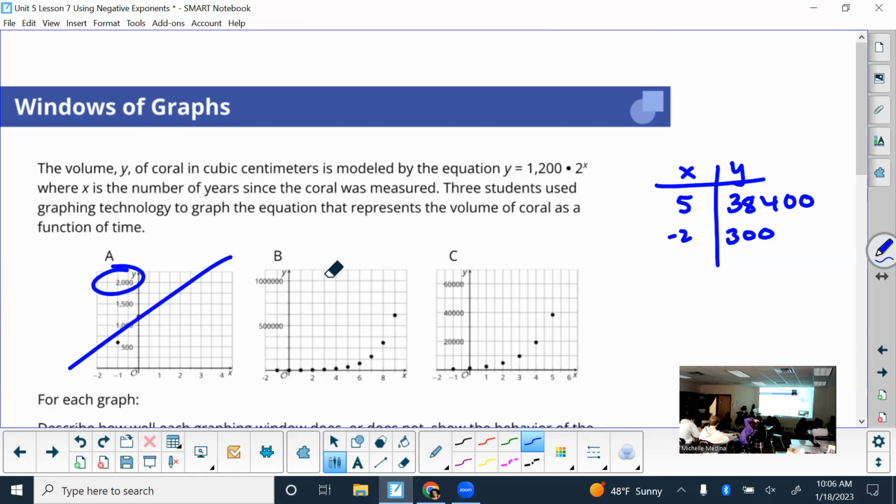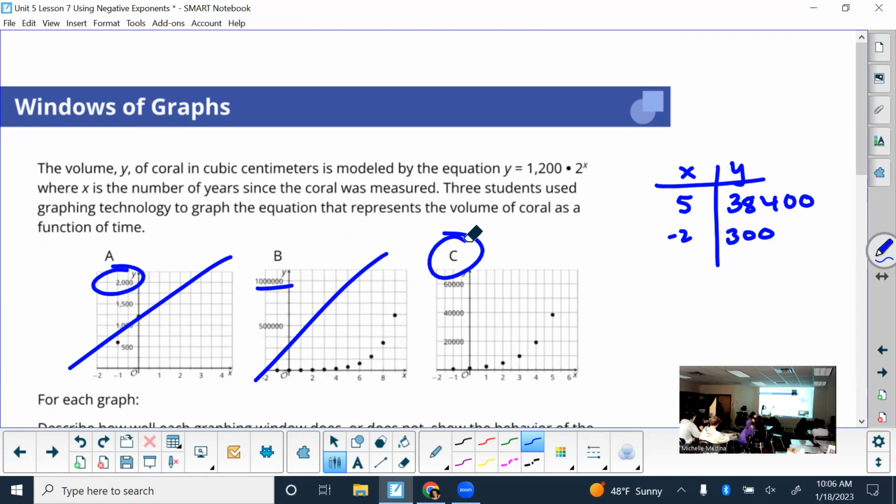Probably not that one. What's wrong with graph B? Big. What number is that? I think it's 1 million. Yep, 1 million. So again, too big. Our biggest number is almost 40,000. So the best graph to take would be this one. And it does have all our data points.